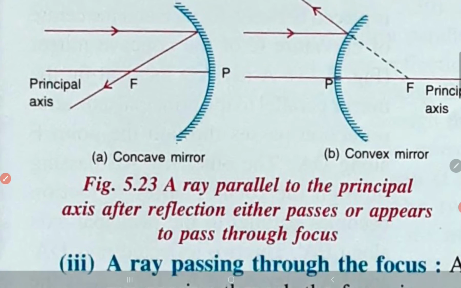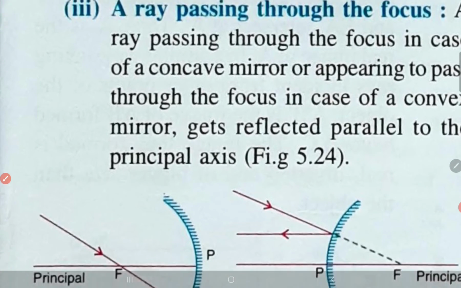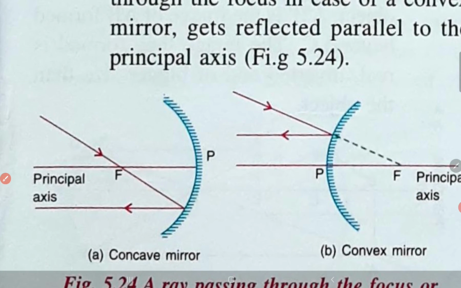So whenever the ray was parallel to the principal axis here, it was passing through the focus, and if the ray passes through the focus, after reflection it needs to be parallel to the principal axis. So I hope this is also clear.